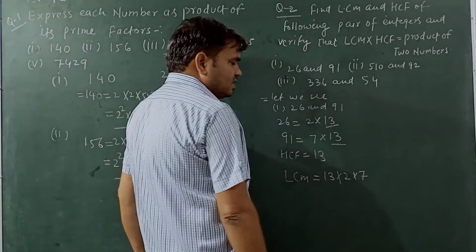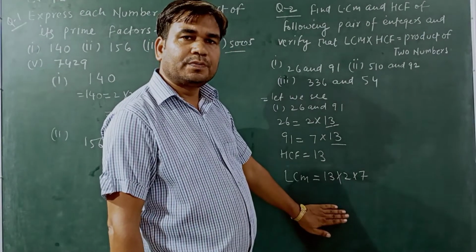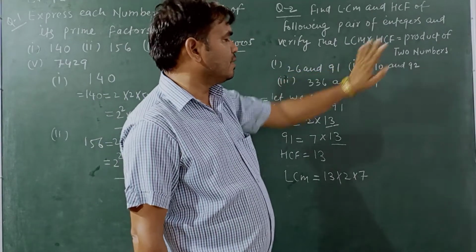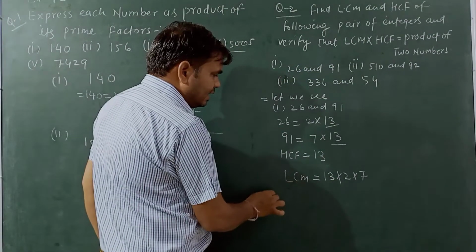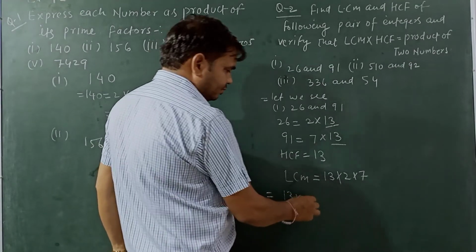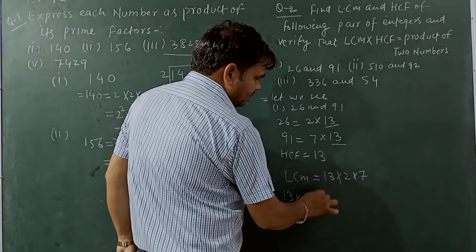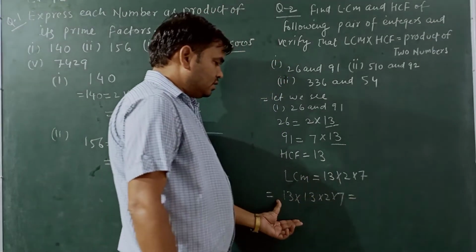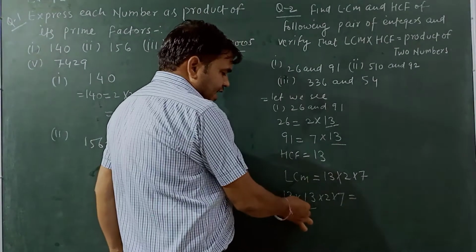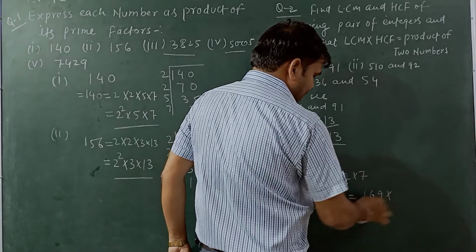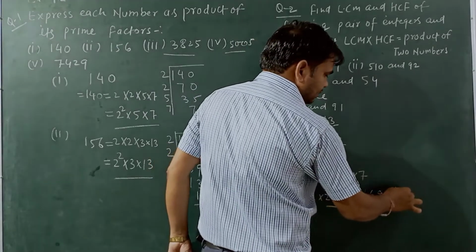So this is the LCM, students, and according to the question, LCM multiplied by HCF. So here we multiply 13 multiplied by 13, and 2 multiplied by 7. So 13 and 13 multiplied is 169, and multiplied by 14.